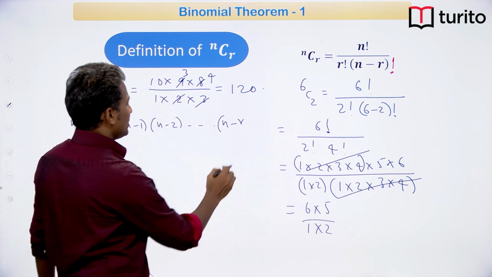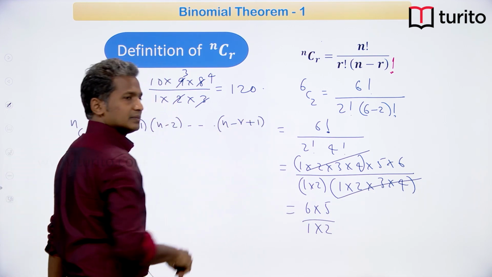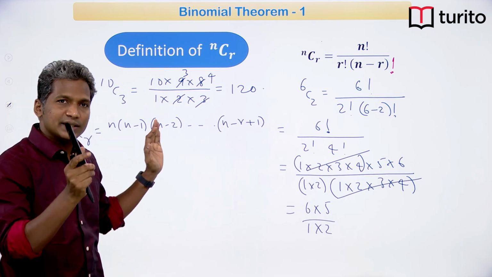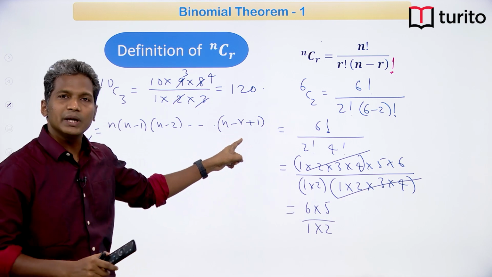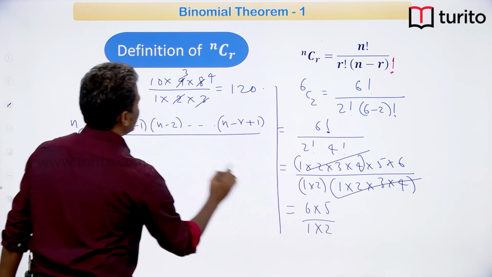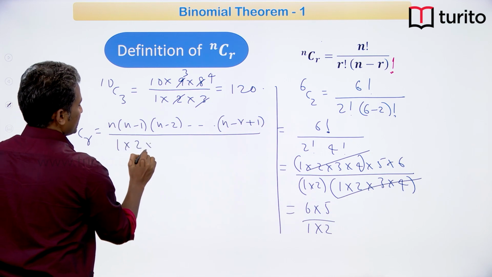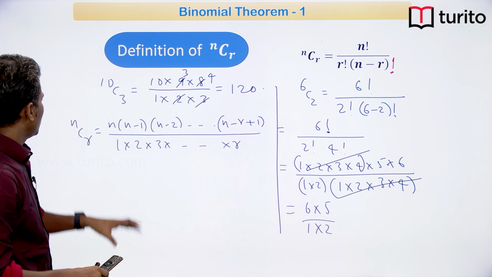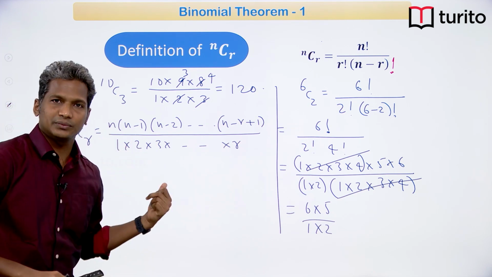It is n minus r plus 1. So starting from n, if we go by r steps, the number is going to be n minus r plus 1, and we have to divide this number with r factorial. So this way we will get a formula for nCr.